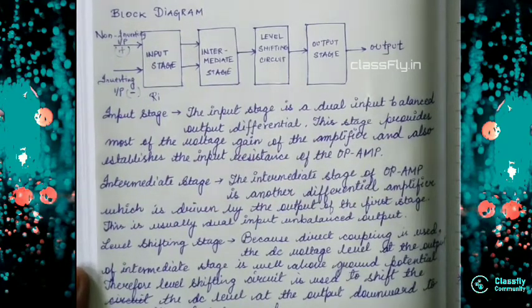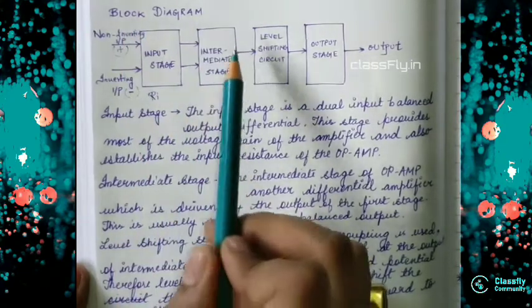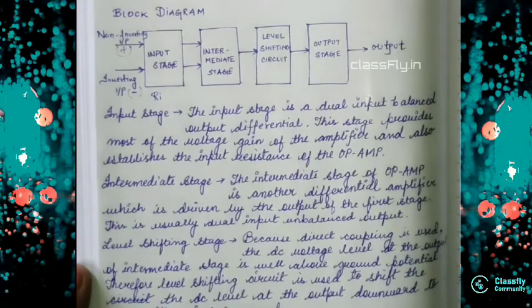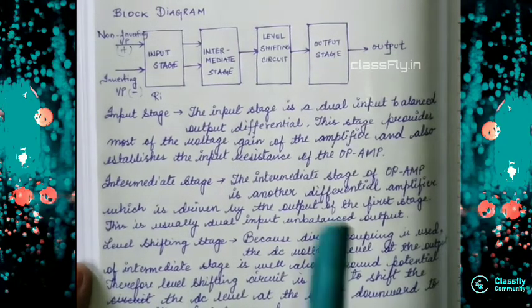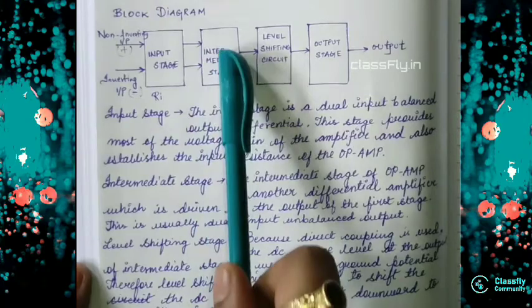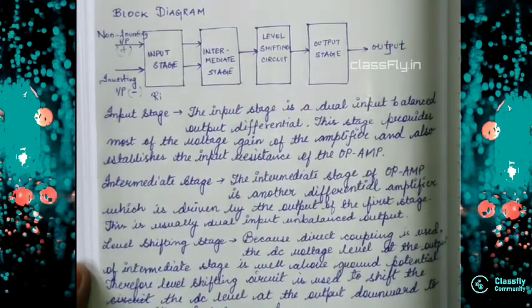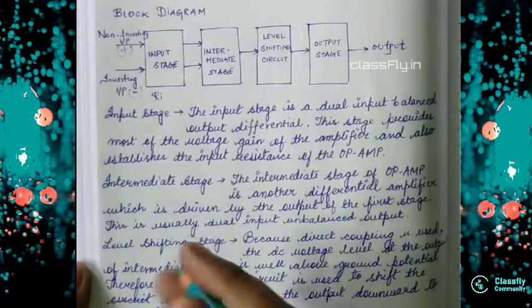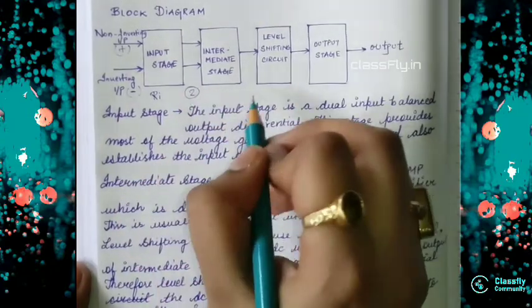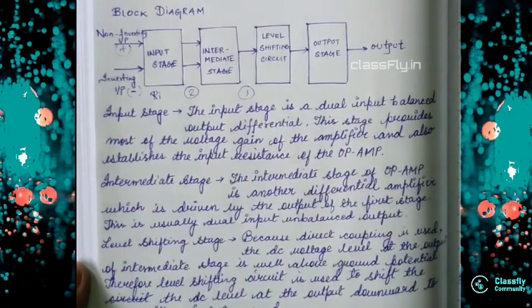Now let's move on to the next stage, the intermediate stage, the second stage of the op-amp's block diagram. Both these two stages are differential amplifiers, but one difference is that the intermediate stage has dual input but one output, that is, an unbalanced output, because it takes two inputs but gives only one output.